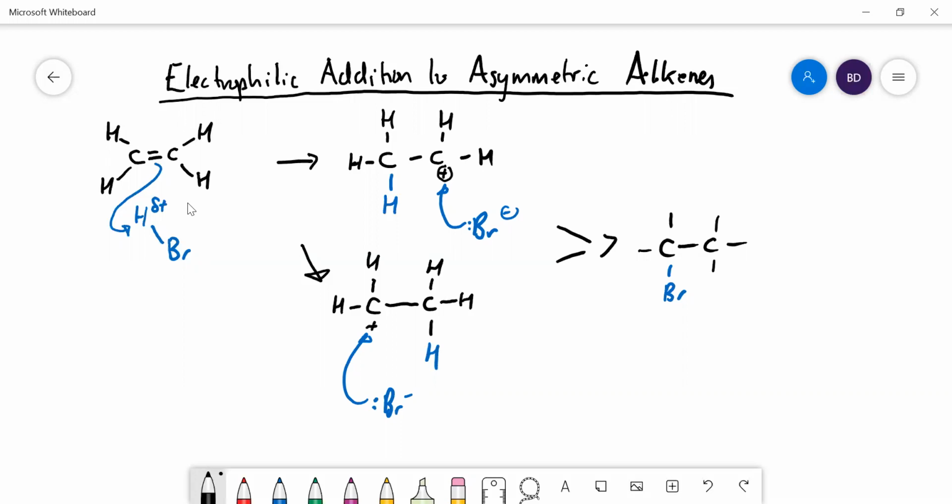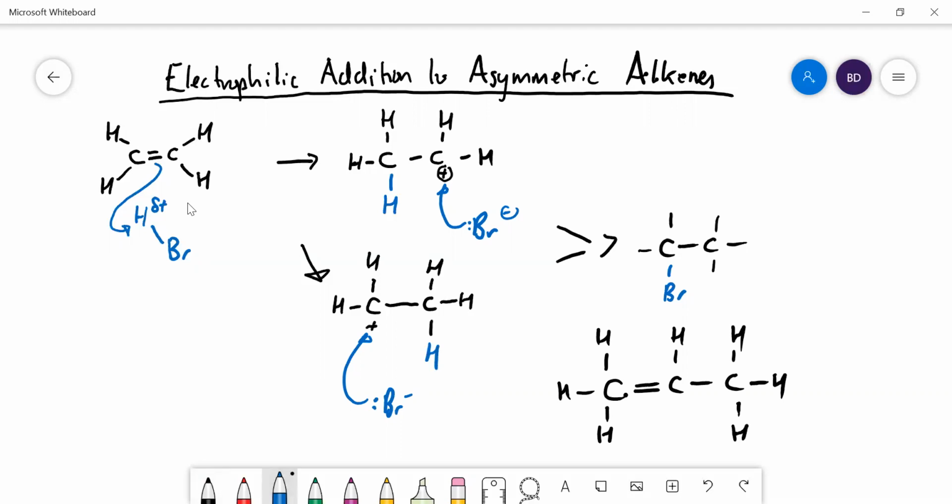So if I draw propene here, we can see that the hydrogen from the hydrogen bromide could either stick to that carbon, in which case you get the bromine on the middle one in the final product, or conversely, you could get the hydrogen sticking to the middle one, and you'd end up with the bromine there, giving 1-bromopropane.